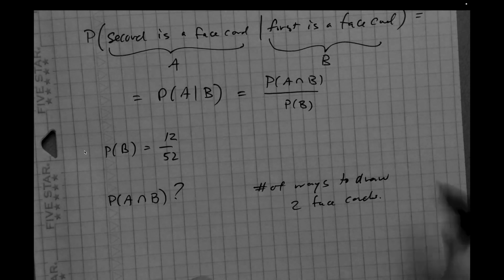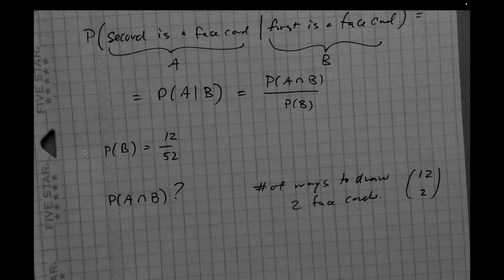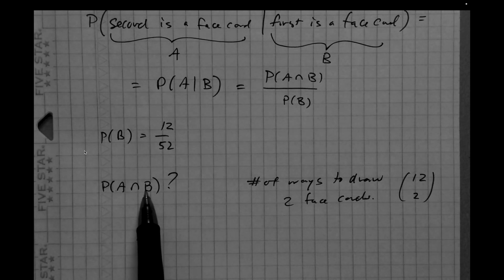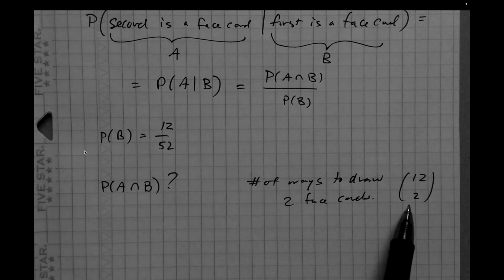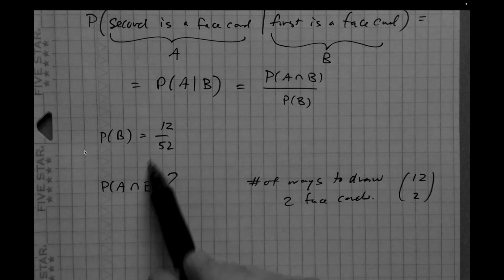Well, there's 12 face cards in total. I'm going to choose 2 of them. 12 choose 2. Okay, and the number of ways to draw any 2 cards. So remember, we're doing the probability of A and B. So A is a face card, B is a face card. So 12 choose 2 is the numerator, and then in the denominator, I need the total number of ways.